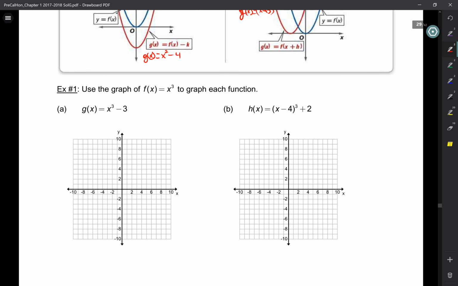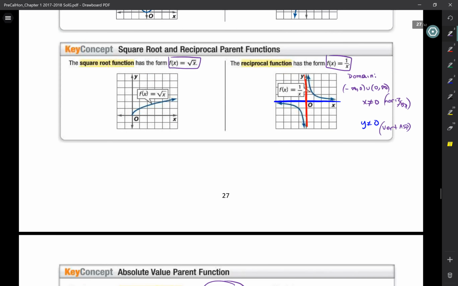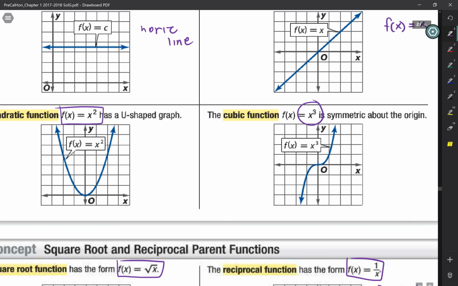So, let's use this on x cubed. Okay, what does the first one do? Move it down 3. So the center is going to be here. Okay, now if you just looked at x cubed, okay, let's take a look here at x cubed. If you started from the center, if you go over 1, how much do you go up?